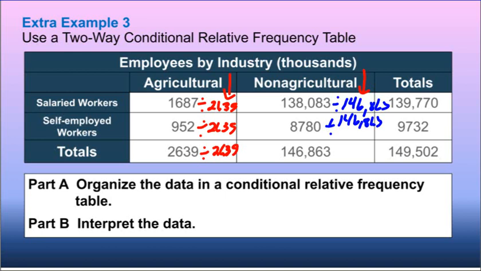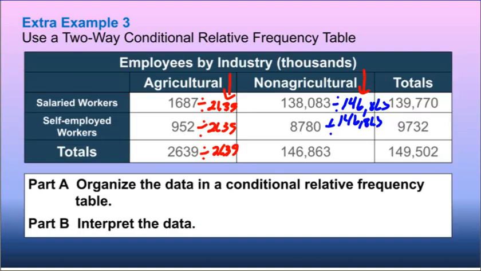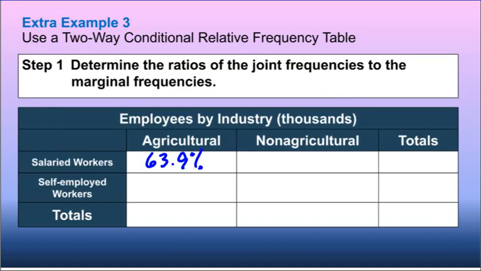Now, if I take this 1687 divided by 2639 times 100, that would make more sense for our answer to be 63.9%. Self-employed would be 952 divided by 2639. That would give us 36.1%.